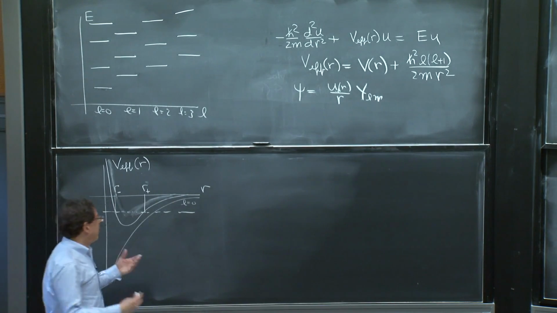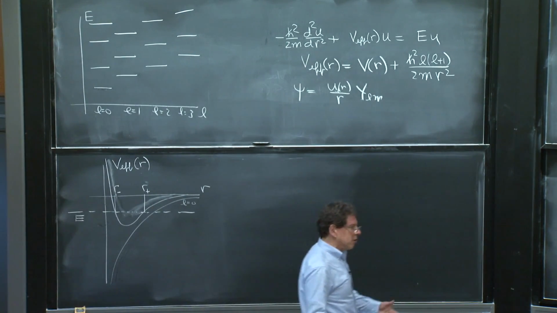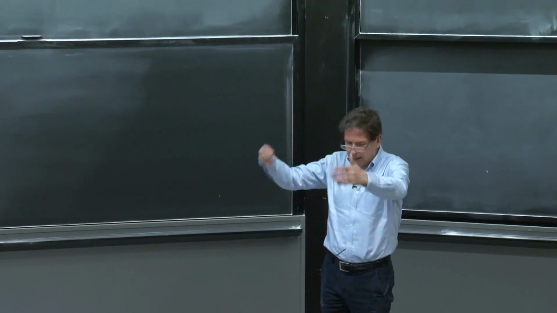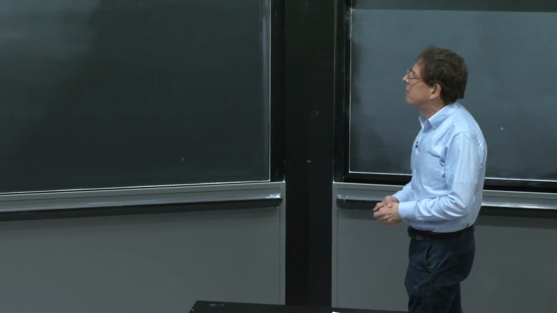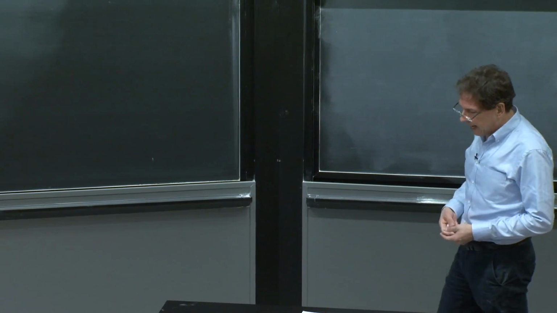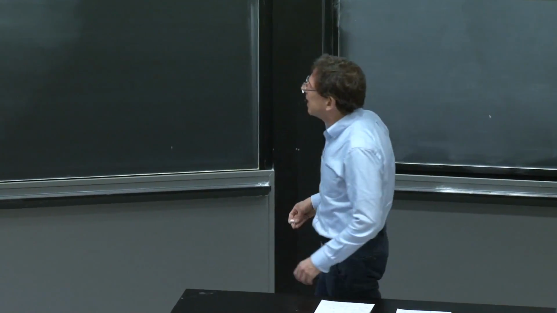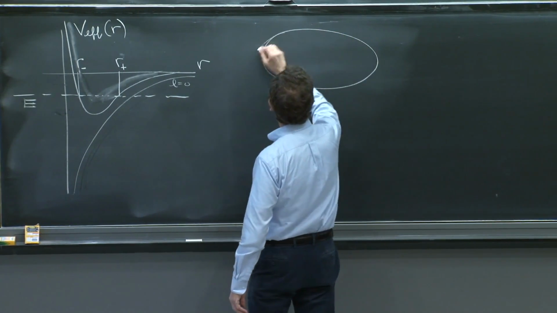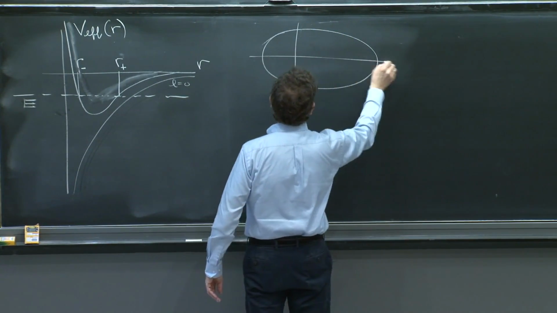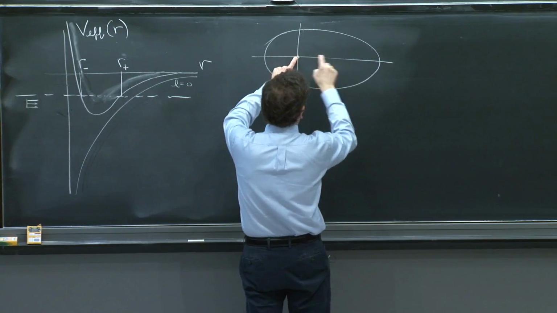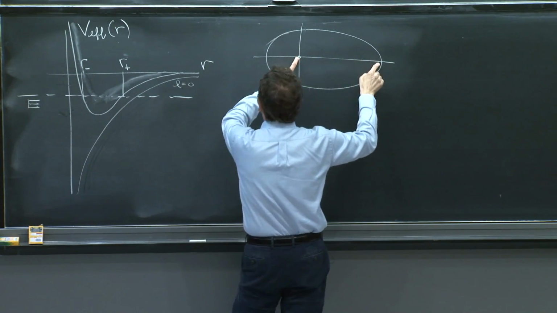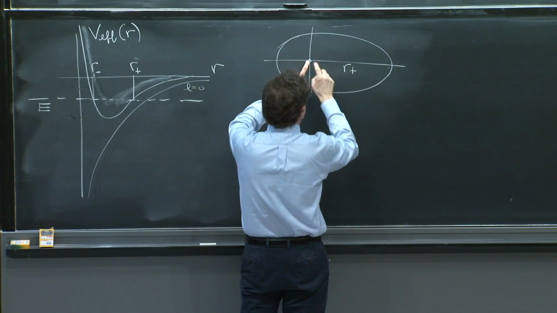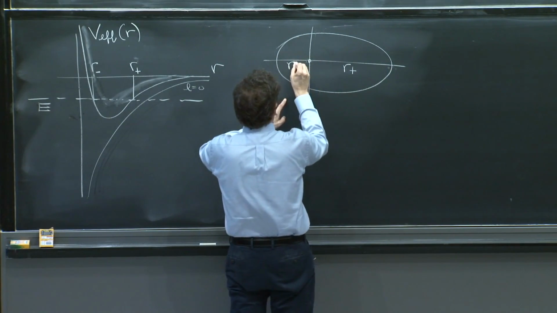And our semi-classical interpretation, which is roughly good if you're talking about high principal quantum numbers, high L quantum numbers, is that you have an ellipse and the radial distance to the center where the proton is located goes from R plus to R minus.